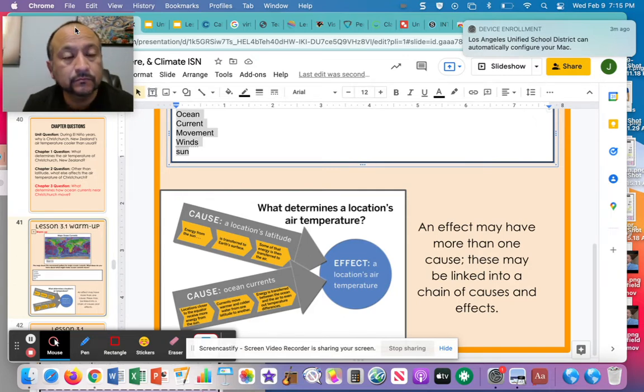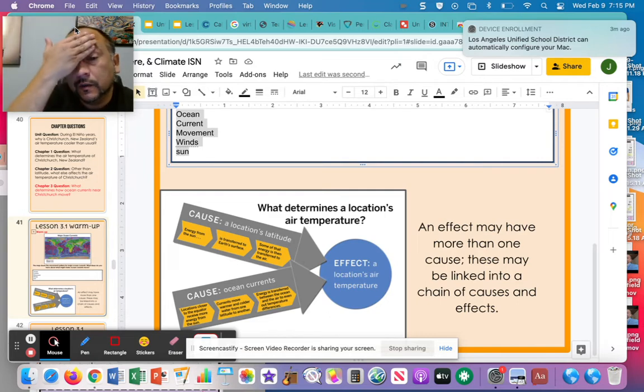A simple example we use for cause and effect is having it rain outside. So if you wake up in the morning and you look outside and it's raining, you want to have some warm clothes to wear, a jacket, maybe a beanie, and an umbrella to keep you dry, right? So the cause is the rain and the effect is you wearing warm clothes.